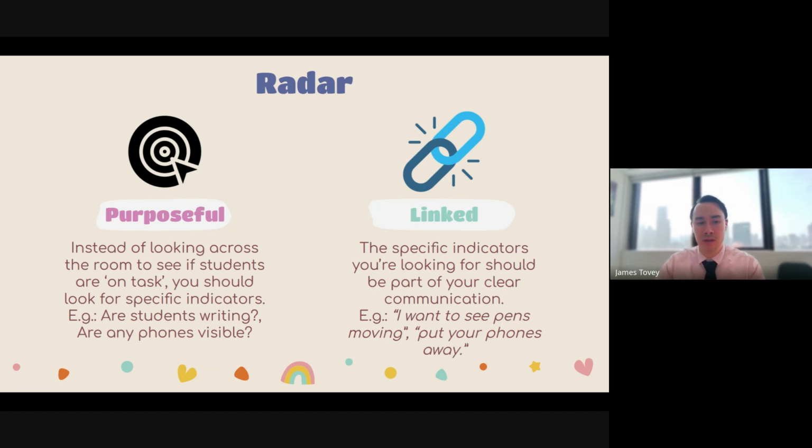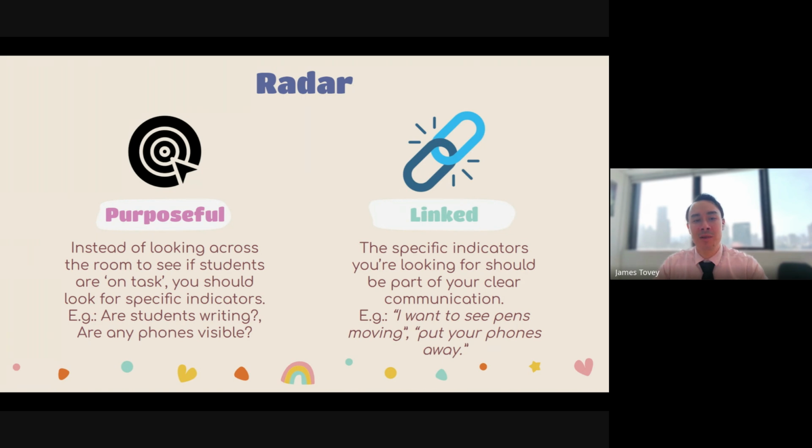Are their pens moving? Are any phones visible? You're looking for specific indicators which will tell you whether or not they're on task. Are their eyes looking down at their page, or are their eyes looking up at the board, or are their eyes wandering around? So like, where are their eyes? That sort of thing. So let's be purposeful.